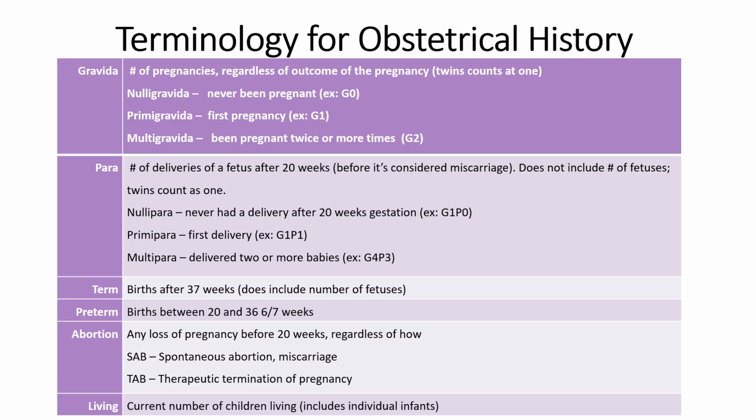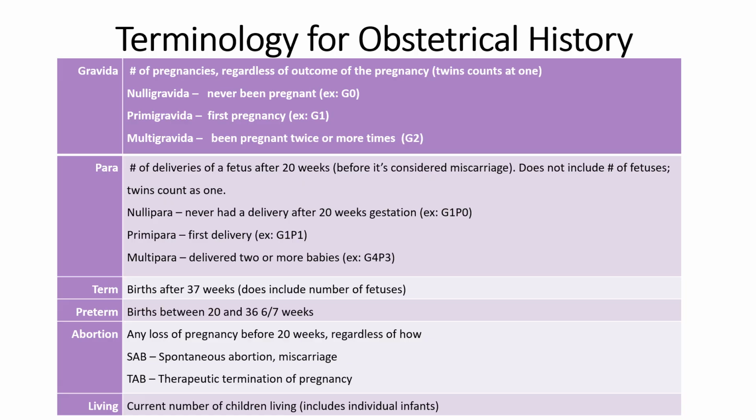If you are a first-time mom, you will be a gravida 1. If this is your second pregnancy, you will be a gravida 2. Now, if you have twins, it does not change the number for that particular pregnancy, so it still counts as 1. There is nulligravida, which means you've never been pregnant.